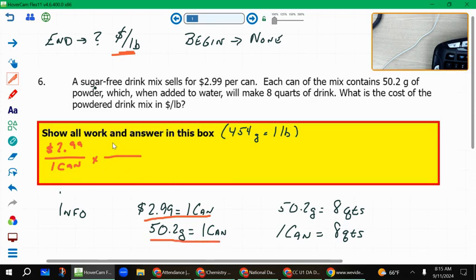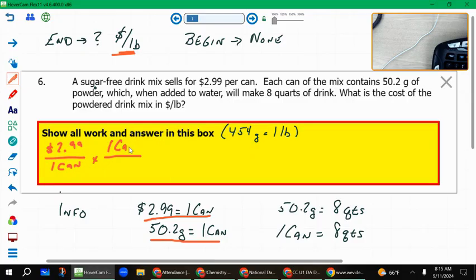So on the top, I'm going to put 1 can. On the bottom, I'm going to put 50.2 grams. Cans and cans will cancel out. I'm left in the unit of grams. I don't want to be in grams, but I'm in it. But now what can I do to get to pounds? I can cancel out the grams with this conversion right here. So what's got to go where?